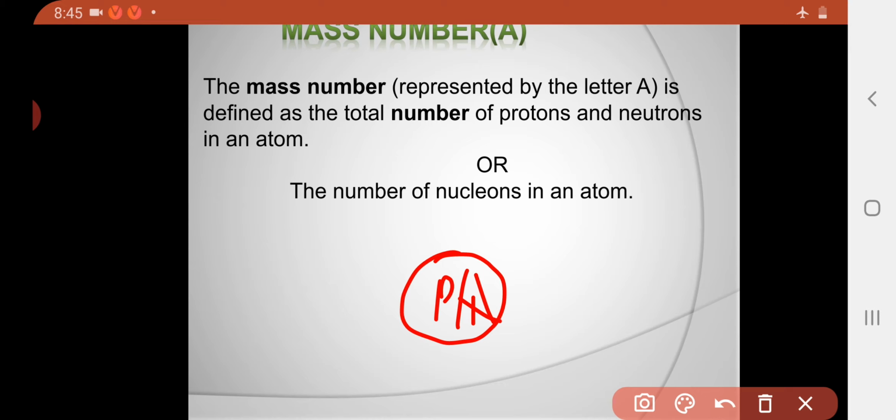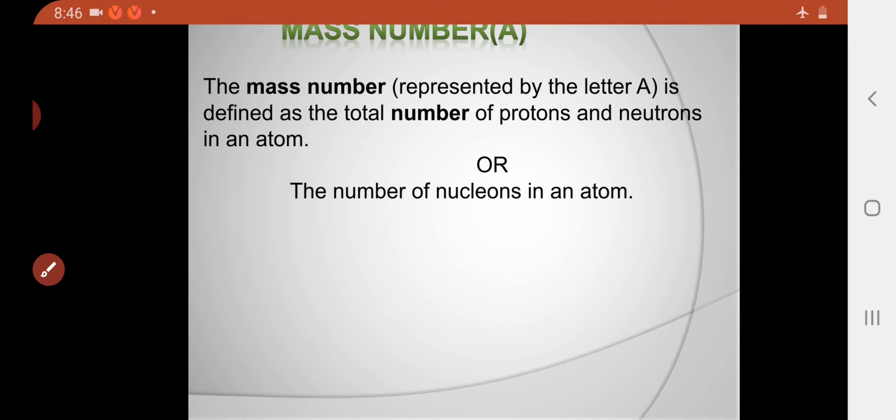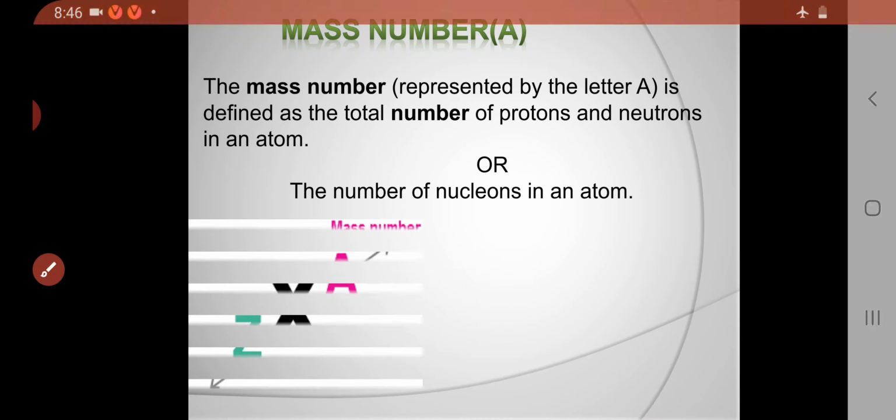It is also called the number of nucleons. Nucleons means protons and neutrons, right? So the total of protons and neutrons is called the mass number.